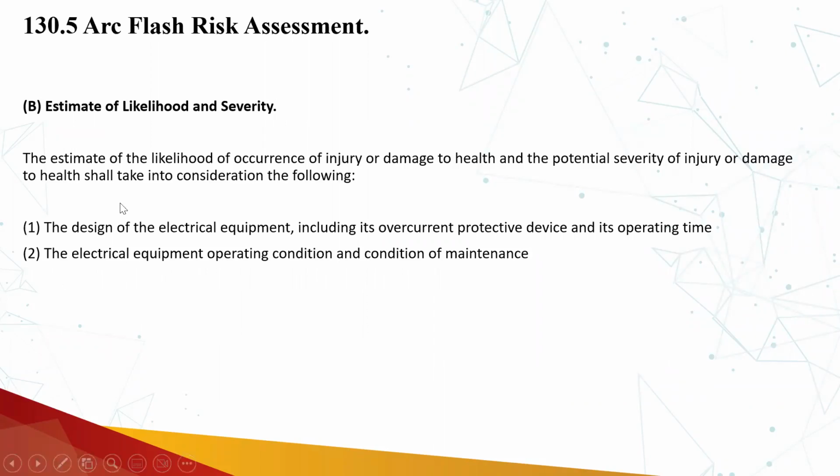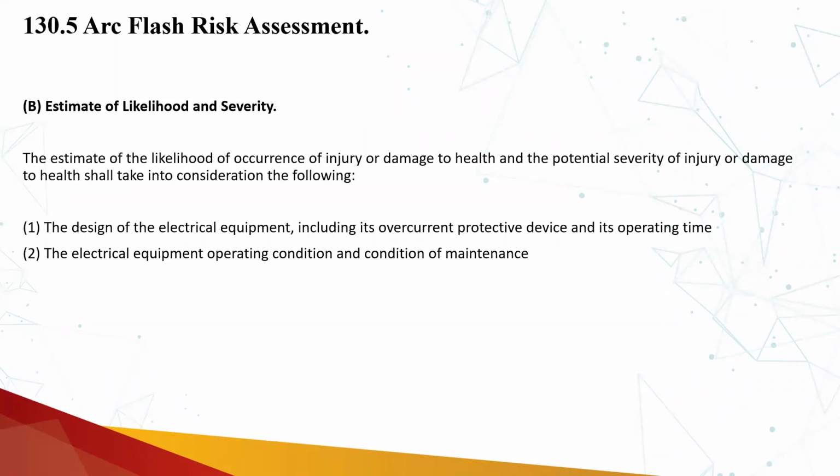In order to estimate the likelihood and severity, we will look into the design of the electrical equipment, including its overcurrent protective device and its operating time, whether there is an overcurrent protective device setting or not, and what its operating time is and how much time it is taking to operate.